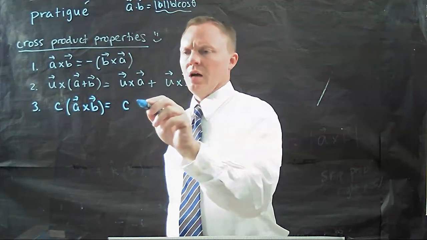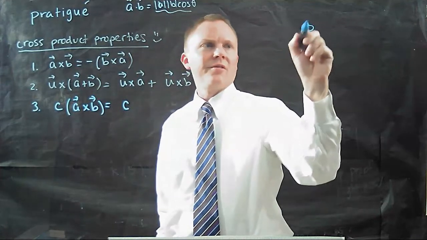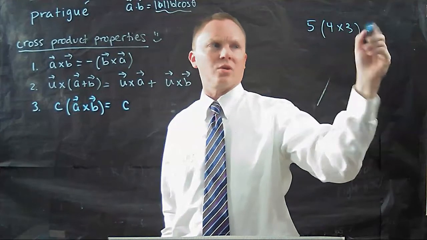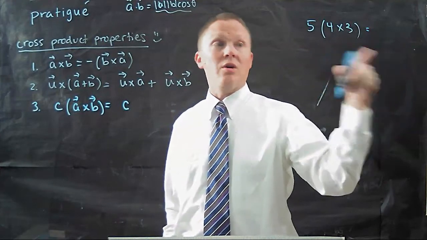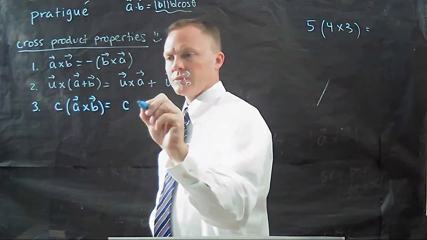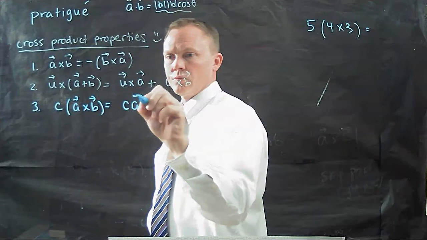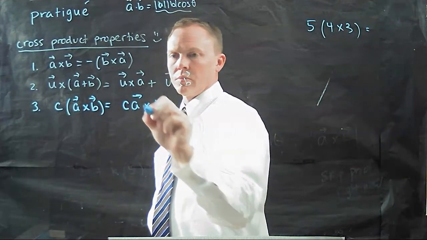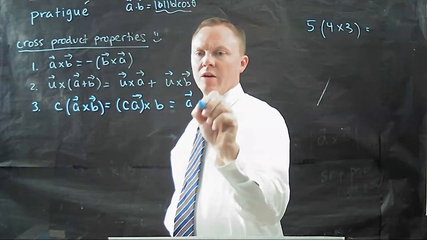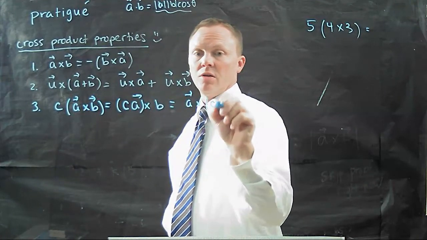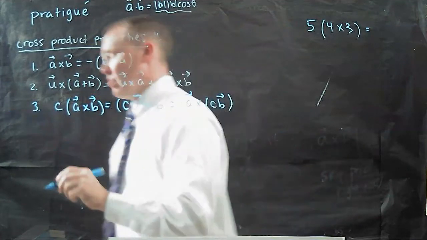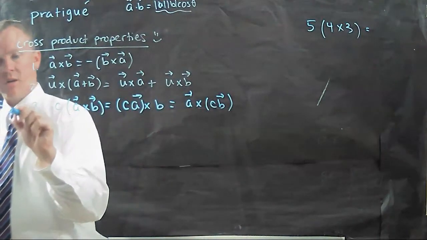Like 5 times 4 times 3, it's 5 times 4 and then times 3, or 4 times 5 times 3. So if we don't parenthesize that, you could say that's equal to A cross CB. Make sure you understand here that C is a scalar.